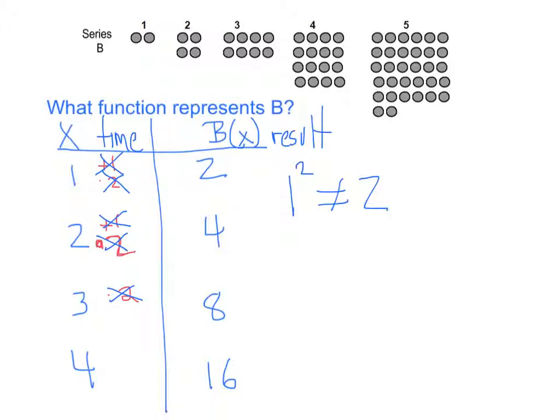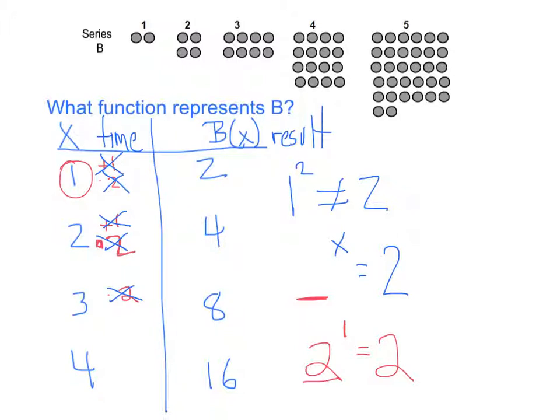In this case, something raised to the x power equals 2. We know that x is 1, because it's right here, so what that means is that the something that's missing here, raised to the first power, equals 2.